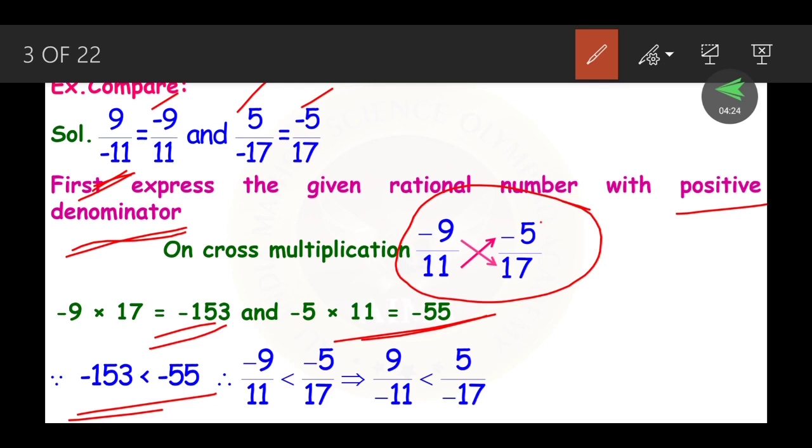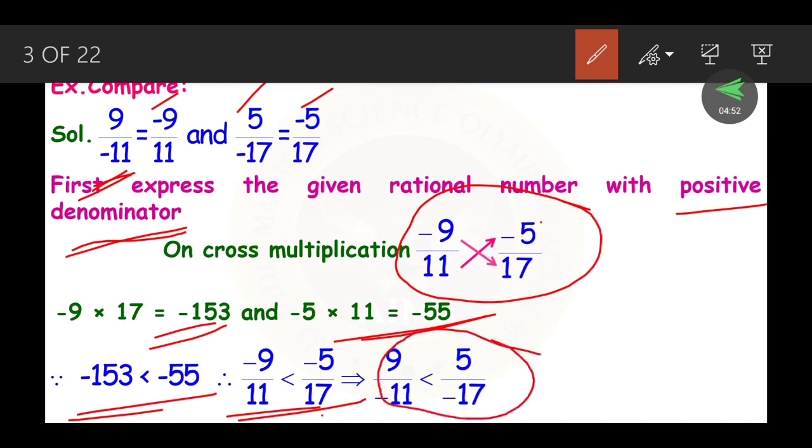For negative integers, the greater the number, the lesser the value. So minus 153 is less than minus 55. So the given fraction minus 9 by 11 is less than minus 5 by 17. Minus 9 by 11 we can write as 9 by minus 11, in the form of the given rational number.